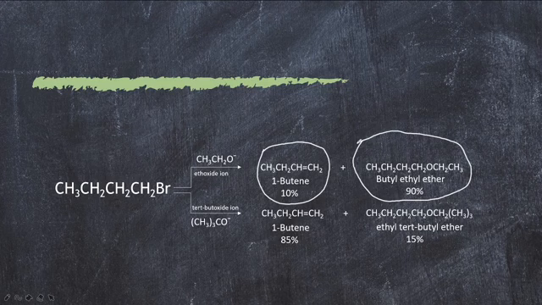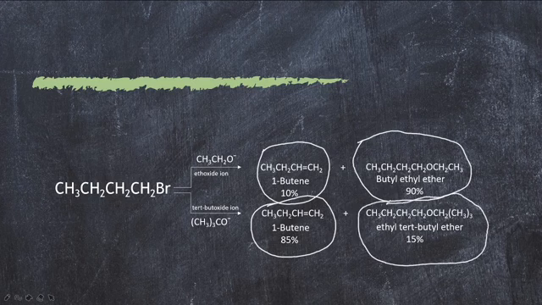At the end of the day, as we can see from the percentages I gave here, butyl ethyl ether, that is the substituted product, predominates, while 1-butene, that is the eliminated product, becomes less dominant. Now, when this butyl bromide is reacted with the tert-butoxide ion, 1-butene is still a product that will be formed, and it would predominate, as we can see from the percentages, while the butyl tert-butyl ether, that's the substituted product that will be formed, will become less dominant.